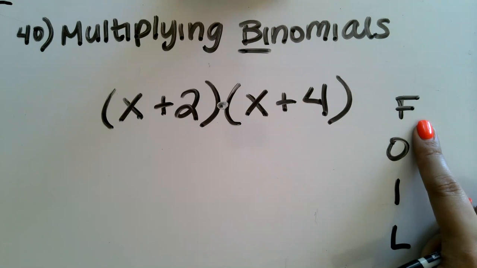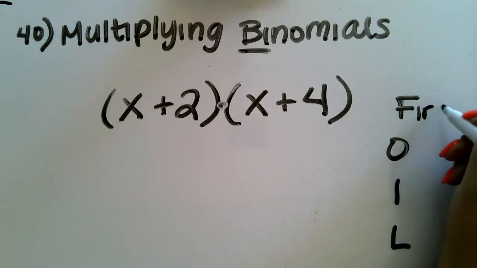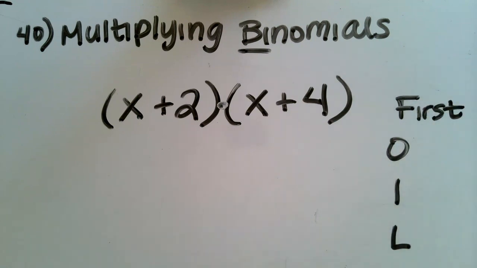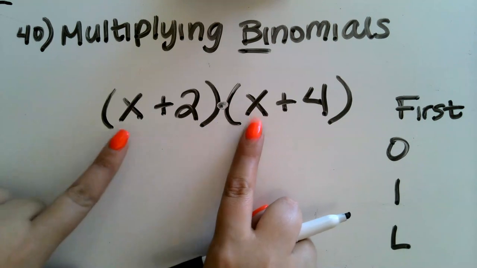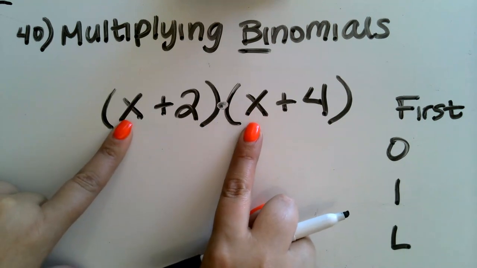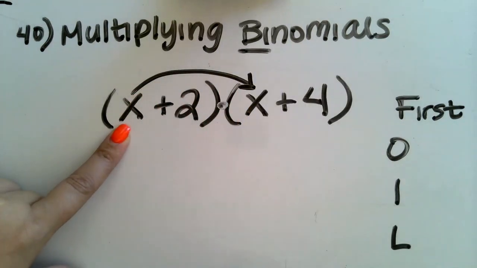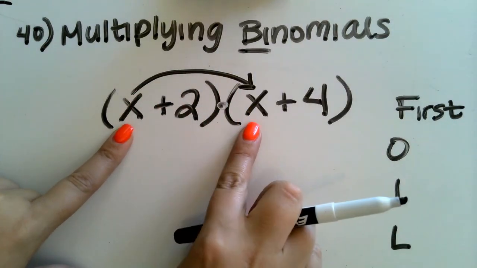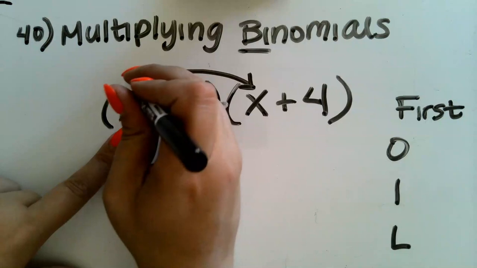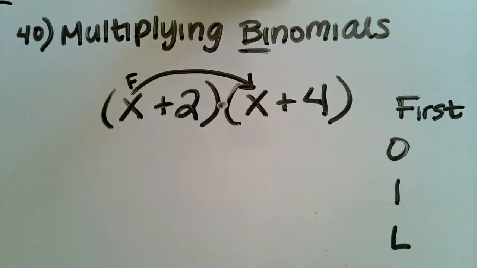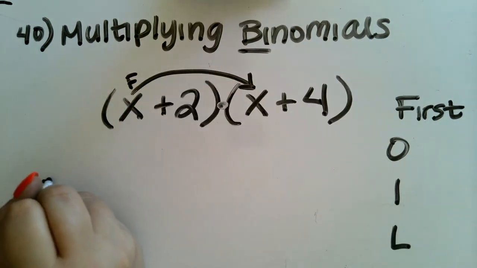This F stands for first. That means we are going to take the first two terms of our sets of parentheses and multiply them together. You will commonly see me draw arrows like this. So these first two terms, that's our F. We're going to multiply that together.